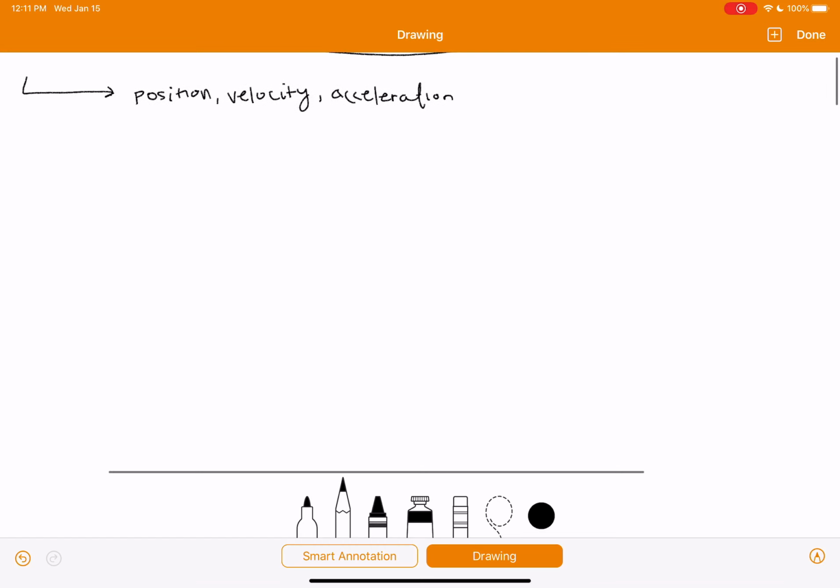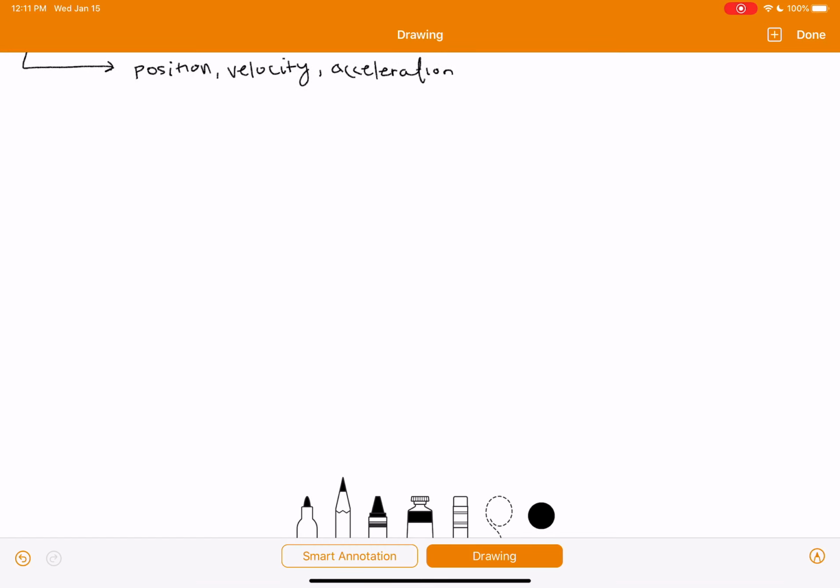So the first thing you need to know is that acceleration is equal to the derivative of velocity with respect to time, and velocity is equal to the derivative of position with respect to time.